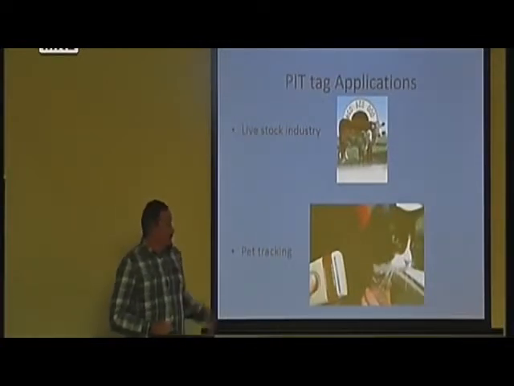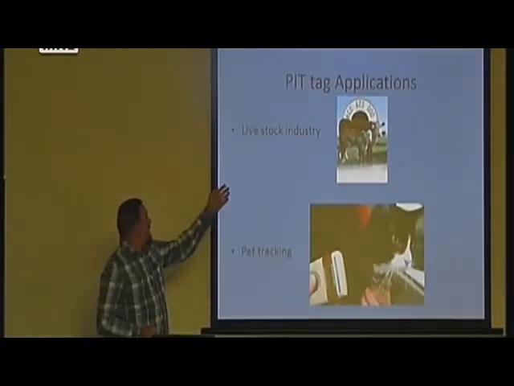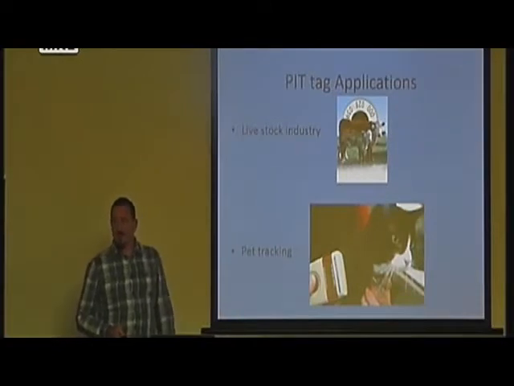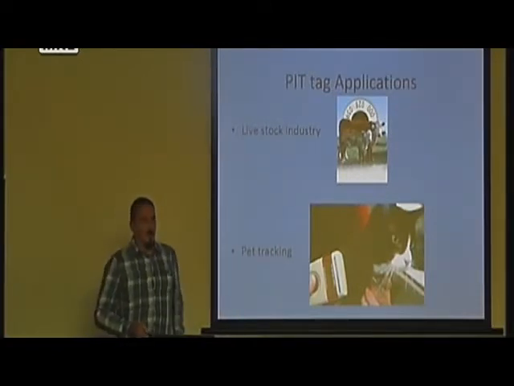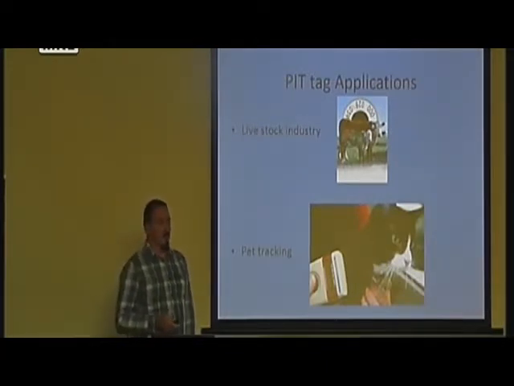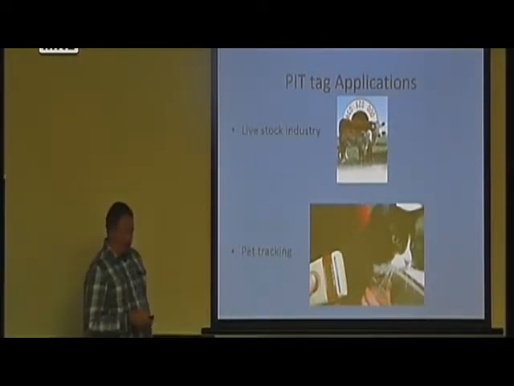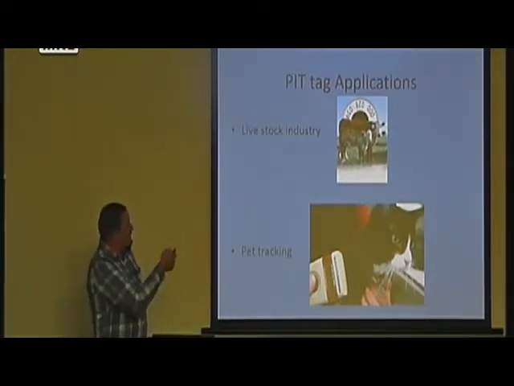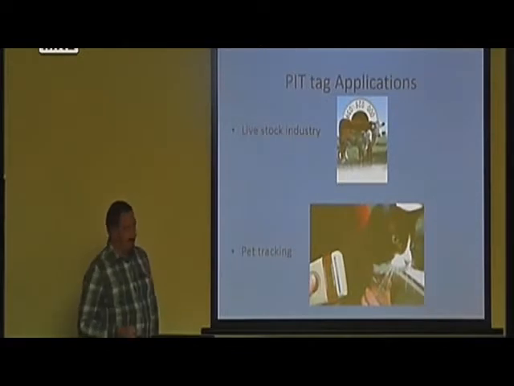So, other PIT tag applications, and really where they came from, is the livestock industry. They use it for cattle, and we've pushed it forward into where it's better for smaller animals and for fish. So it's the same tag that goes in livestock, the same tag in pet tracking.